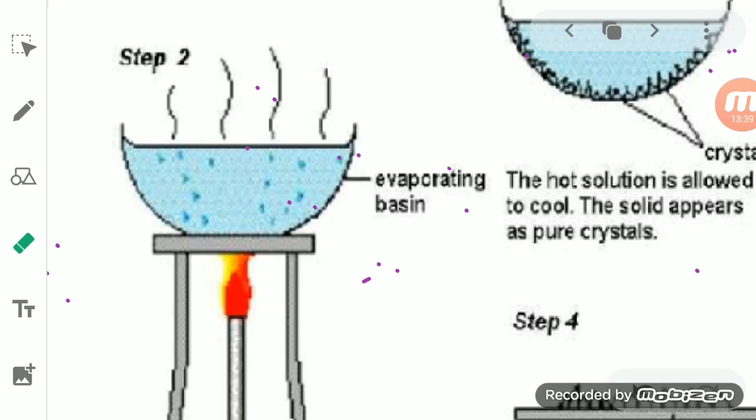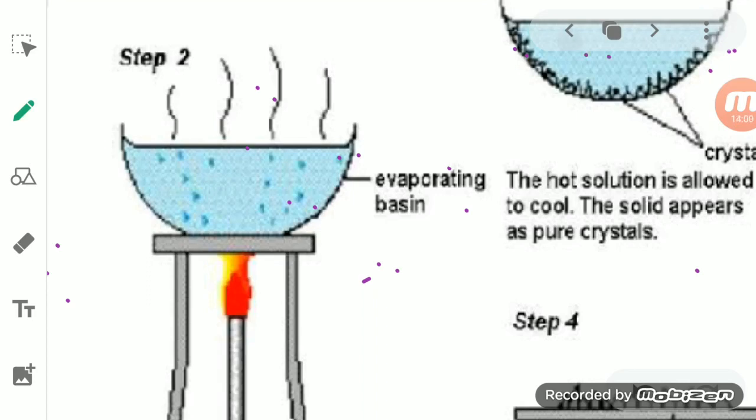So this is the pure form of the crystal. After this concentrated solution becomes cool, the pure form of the solid comes out in the form of a crystal, and the impurities in it will remain dissolved in the solution.